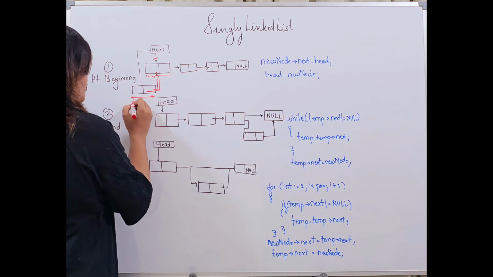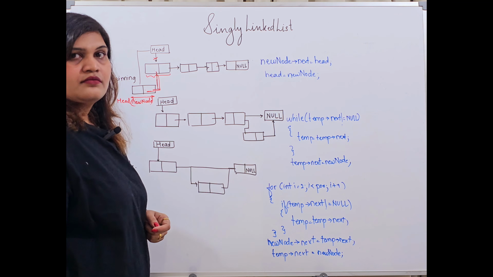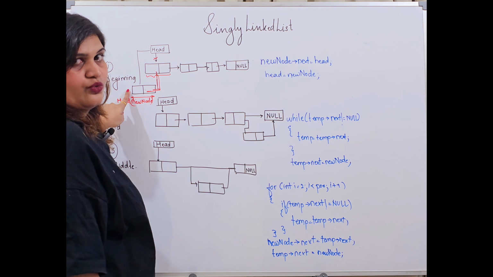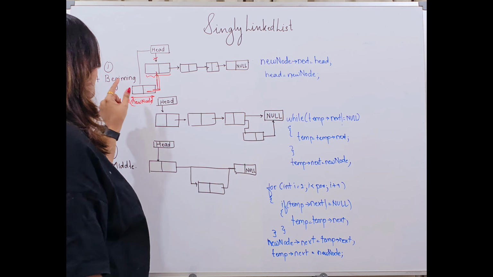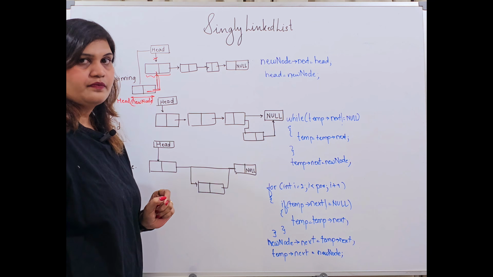So this was your new node, it will now become head. Clear? So now this is your head. That means this is your new node that was created, which is added to the first or at the beginning of your linked list, and then you have the rest of your nodes.